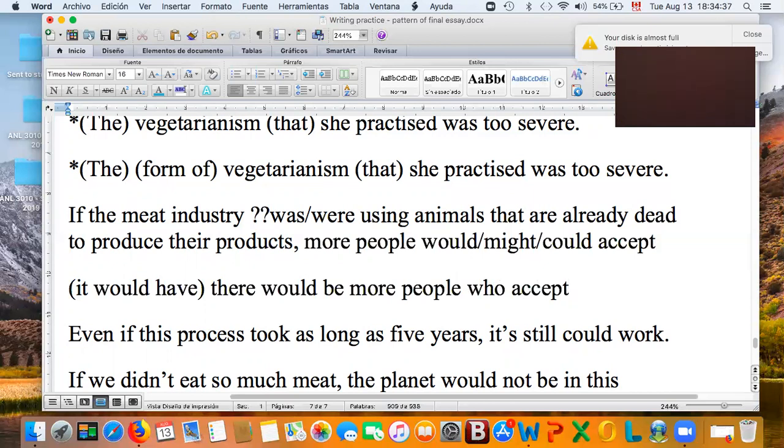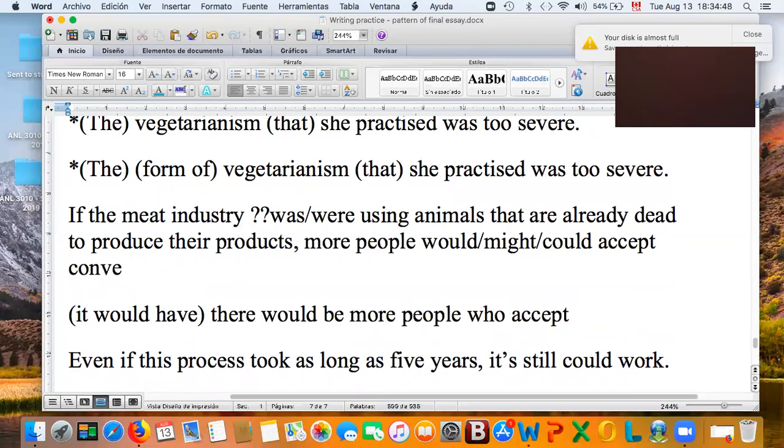Who would or might or could accept, let's say, accept a conversion to vegetarianism, or just accept vegetarianism. So you see, in the non-real conditional, these are your choices.